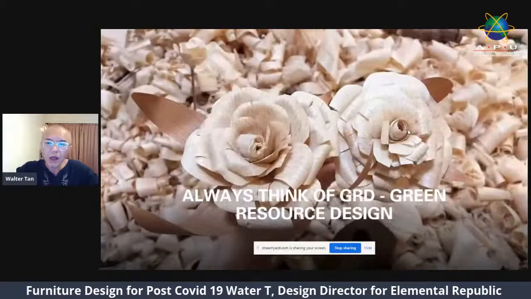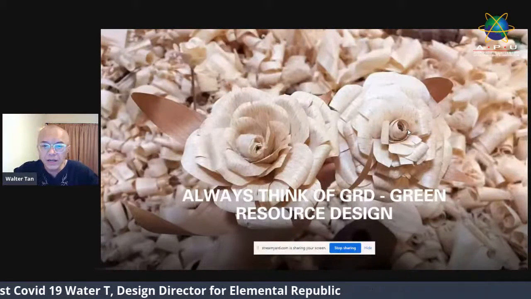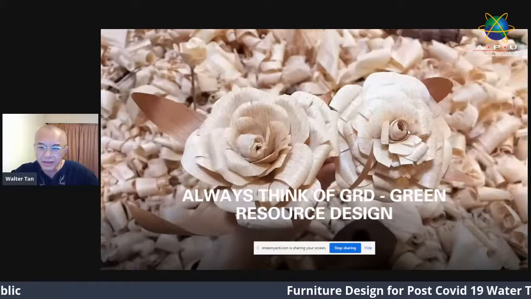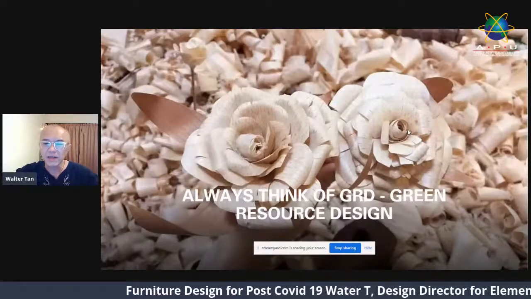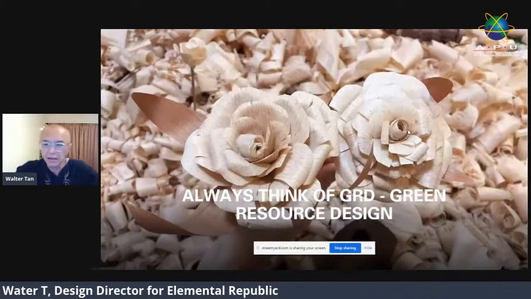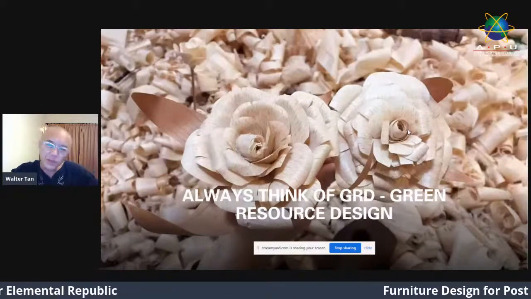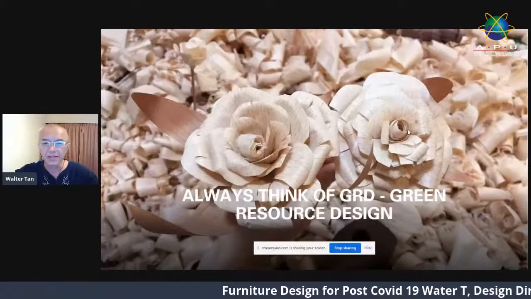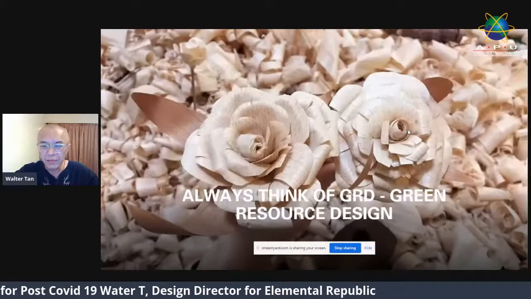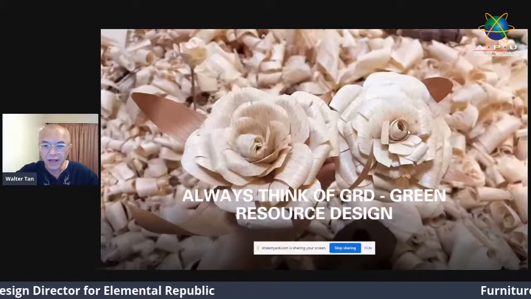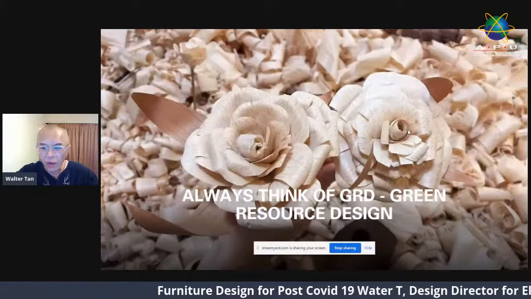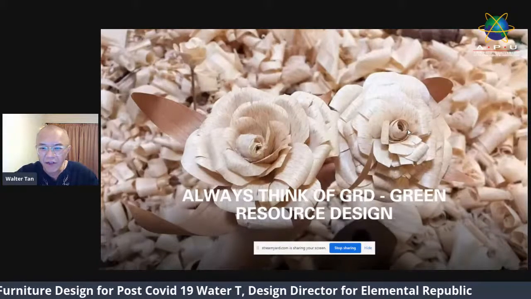Now, always think about GRD when you design something. I mean green resource design. I talked about green resource design in USM last November. Maybe, if you allow me to, I'll give a speech on green resource design in the next session. Everything that you design or use, even in your private life, think about whether the things that you use, buy and throw away have any side effects on our environment or not.